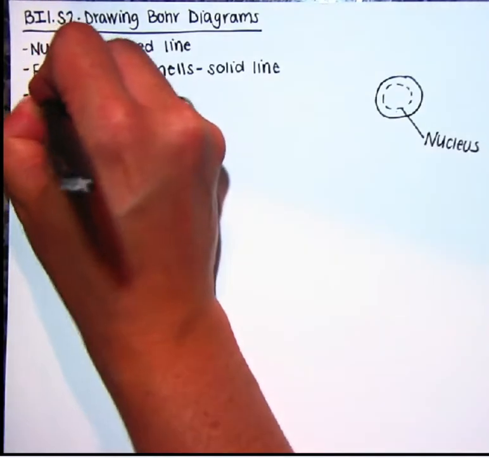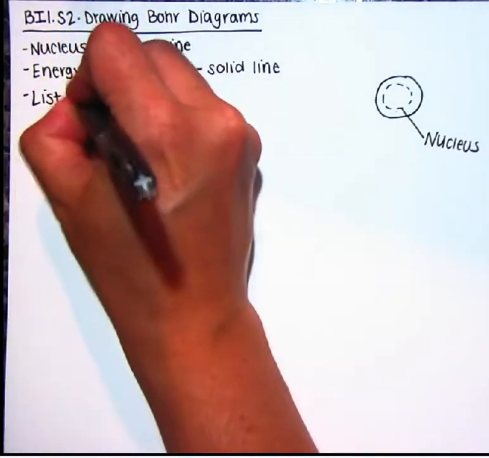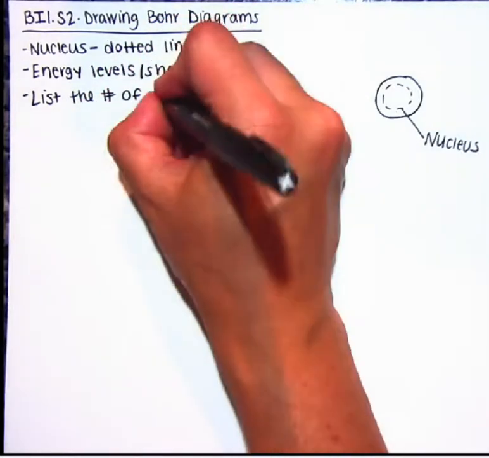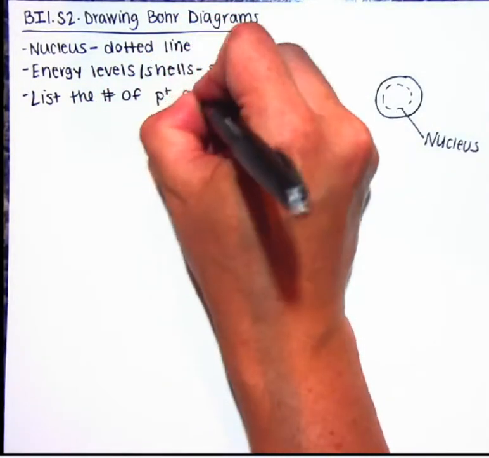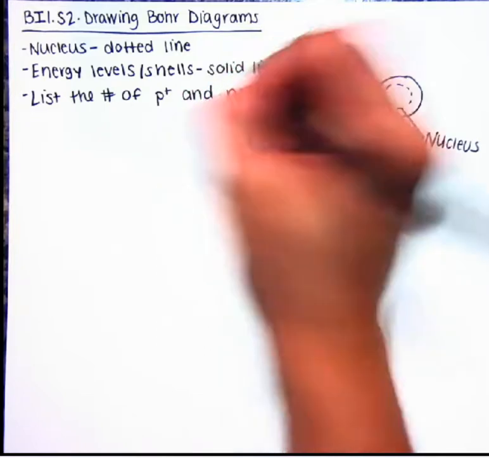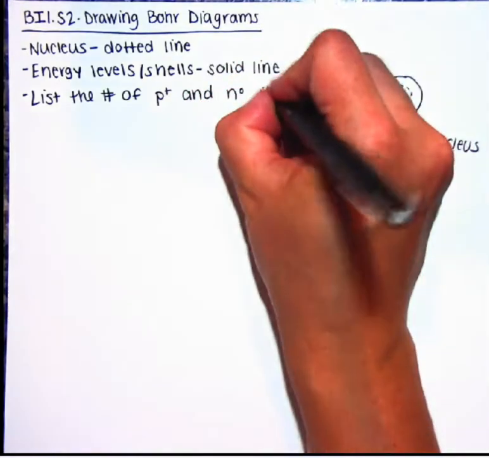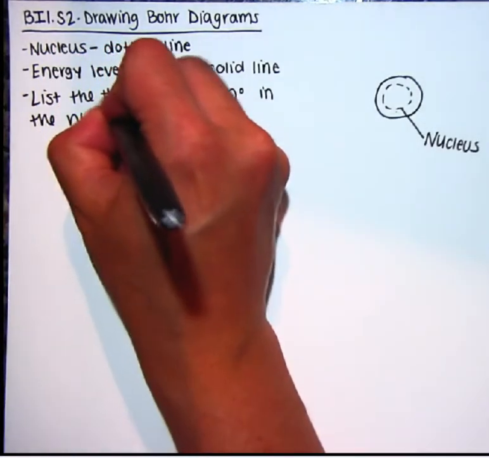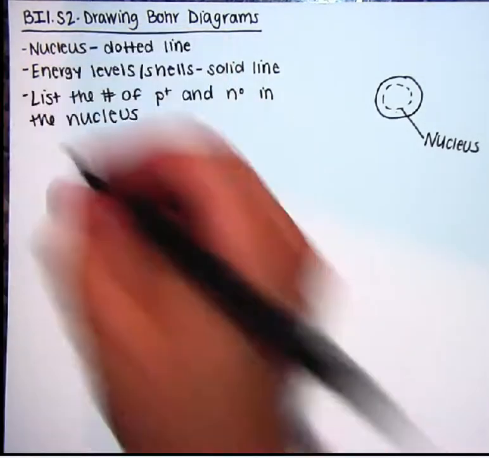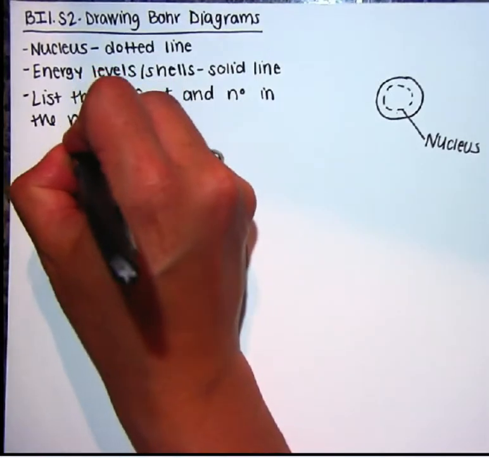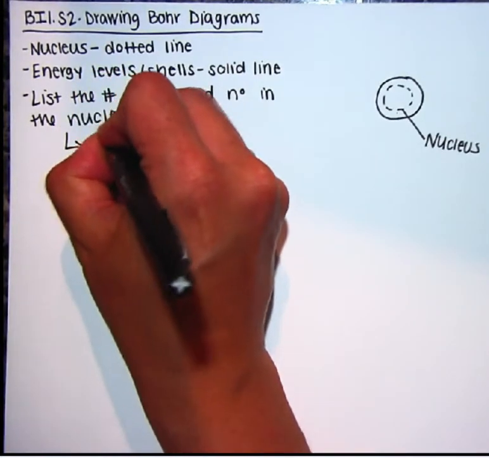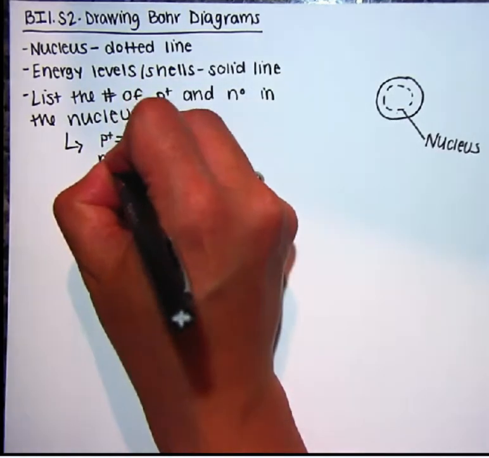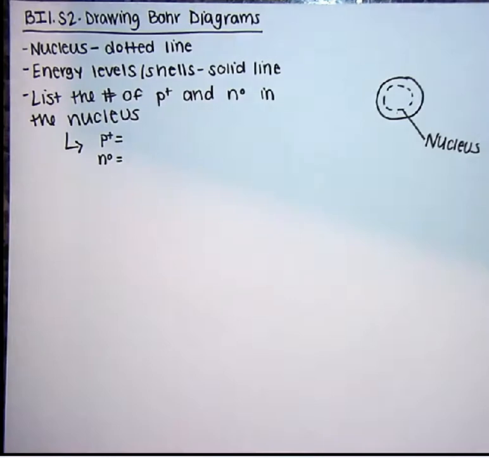Next, you are going to list the number of protons and neutrons in the nucleus. My recommendation is to write protons equal, neutrons equal.